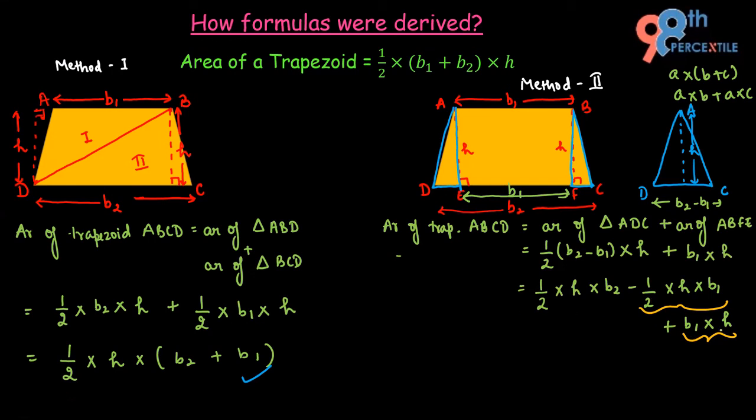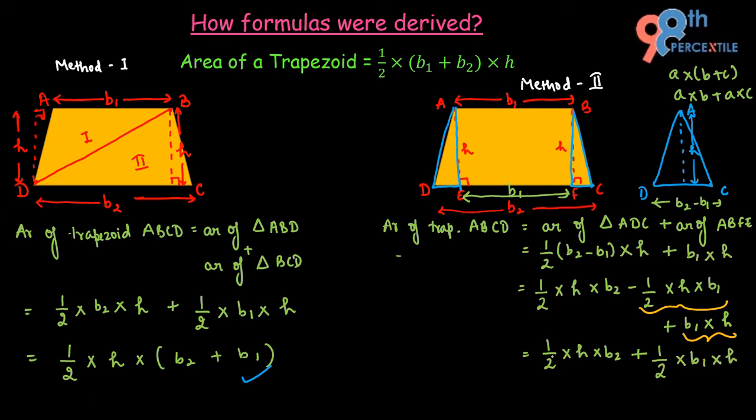So B1 times h minus half of B1 times h will give us a positive half B1 times h. So finally we'll get half times h times B2 plus, so this is complete B1 times h and this is half of B1 times h. So I'll get a positive half times B1 times h.